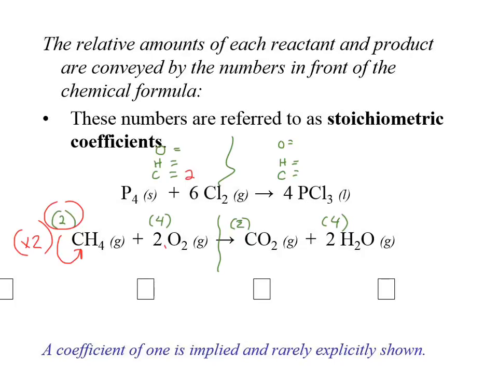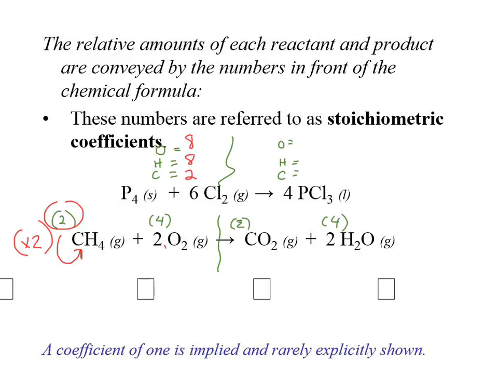Put 2 there. If we're going with a 2, how many hydrogens do I have? If there's a 2 here, I have 8. I'm liking that. How about oxygens? How many oxygens do I have if I go with a 4? I also have 8, yep.